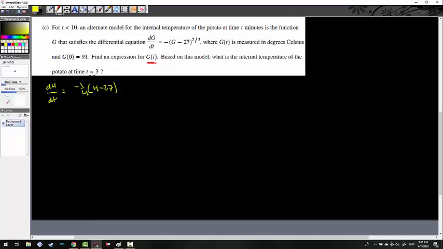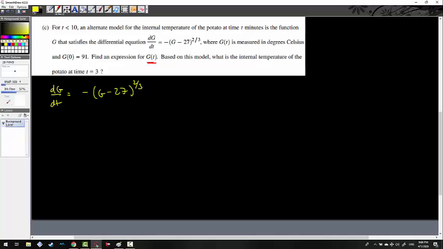So from here, I don't need the dh over dt anymore, so I'm going to go ahead and delete it too. Now I'm going to write down the dg over dt function. Okay, so let's go and separate terms. This is the meat that goes with this potato in this problem.